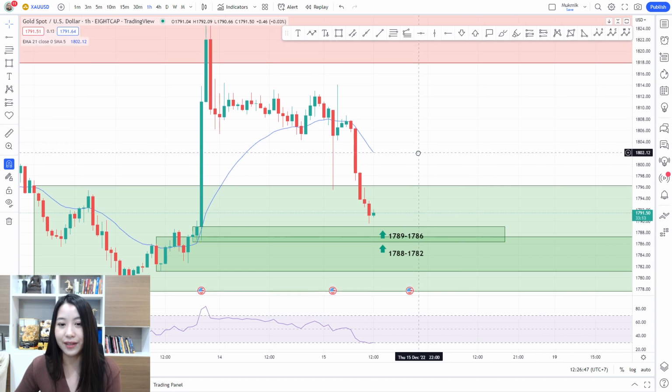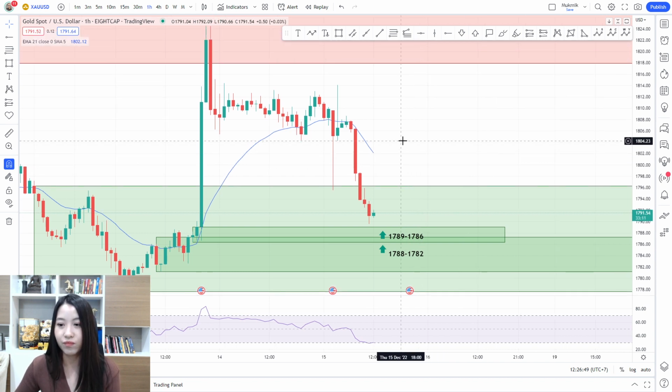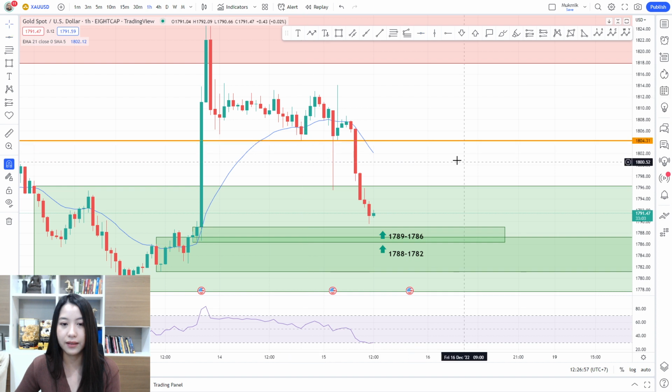Do we have resistance though? Yeah, we do. Our clearest resistance is this one. The price used it as a support twice and then it came back down.